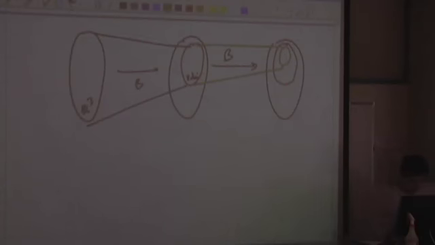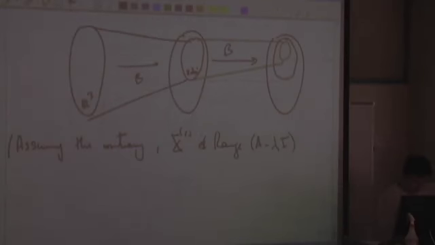So I said a lot of words. I didn't write much. So assuming the contrary, that is, x1 is not in the range, would lead to a contradiction.